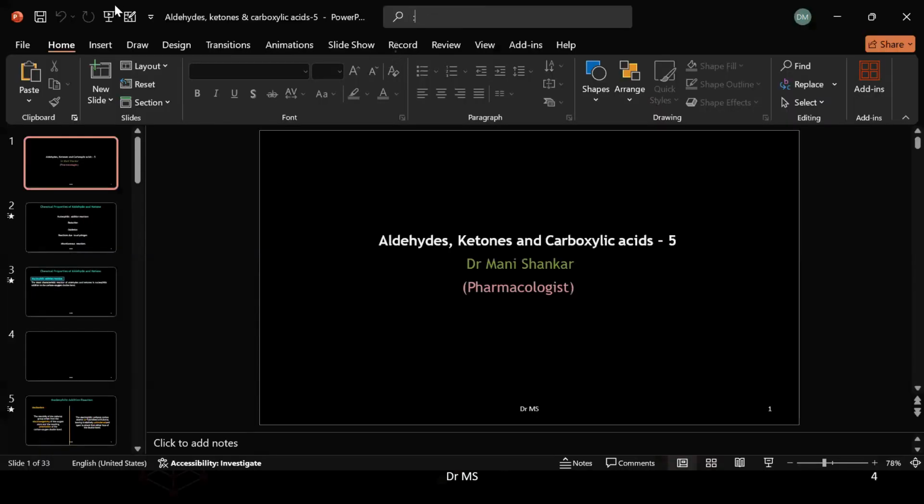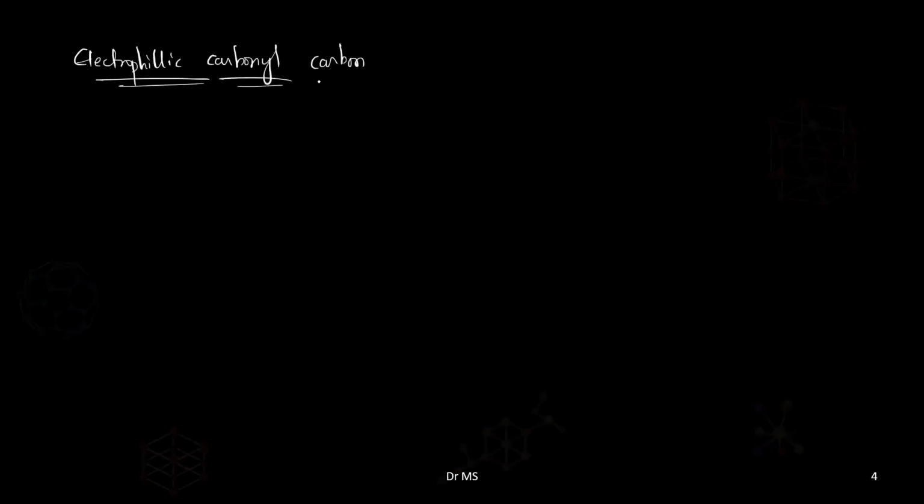You need to know two things. One is the electrophilic carbonyl carbon. So what is this electrophilic carbonyl carbon? This is the carbon atom in the carbonyl group which is seeking electrons, and it has sp2 hybridization.